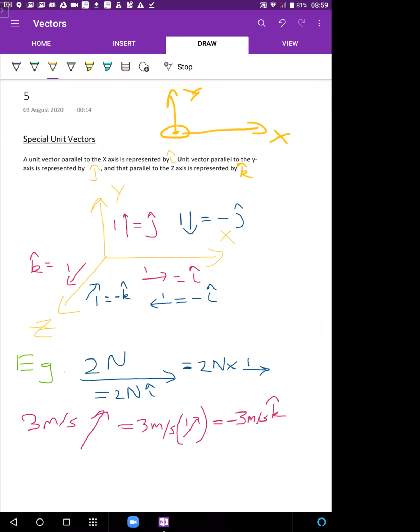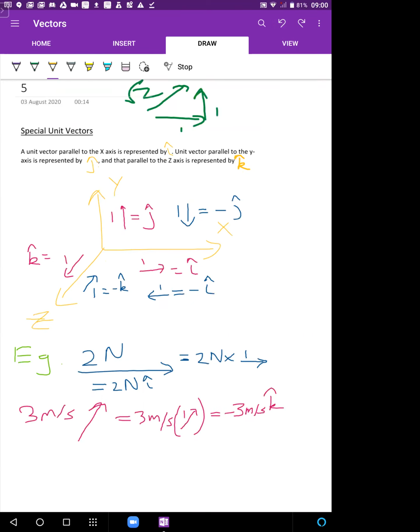So that represents your vector coming out of the plane. ठीक है. इसी को अगर मैं दूसरे एंगल से देखूंगा तो I'll have to draw it like this. When I draw something like this, I'm not saying that they're all in the same plane. This is just a 2D drawing of something which is three-dimensional.